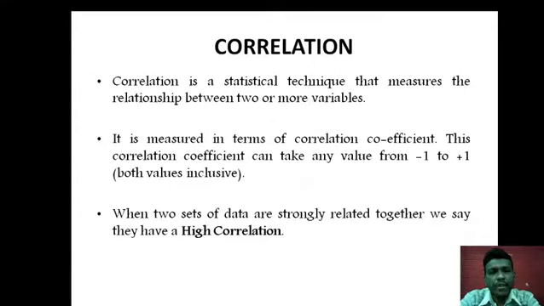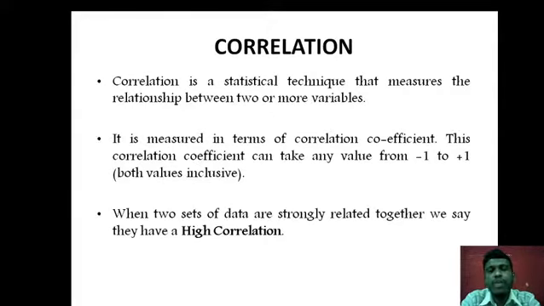Now we know that we have to study the relationship that exists between two or more variables. So how do we do it? We can do it by using a coefficient known as the coefficient of correlation. If we are using this coefficient, we can tell the degree to which the two variables are related to each other.